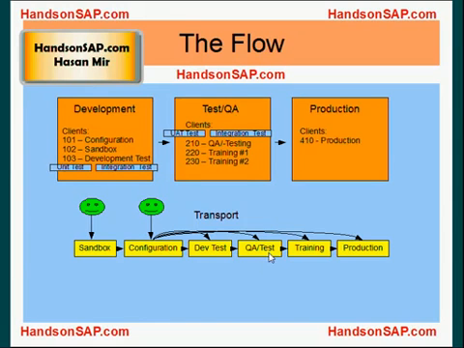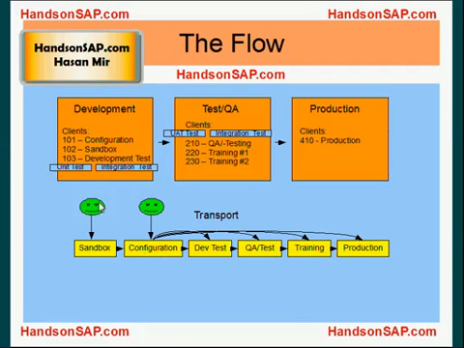If your testing team and users are happy, you copy the configuration from the configuration client to the training client, and you do your training, and then you copy the configuration from the configuration client to production. So this is the main source.